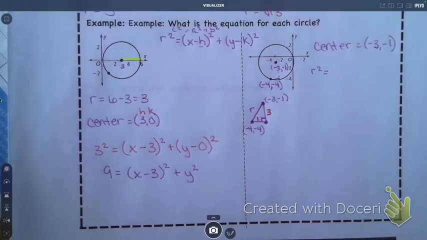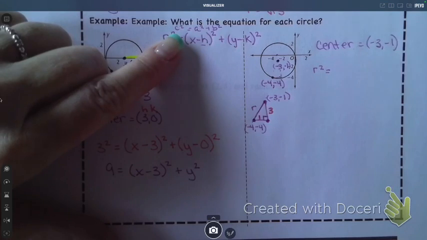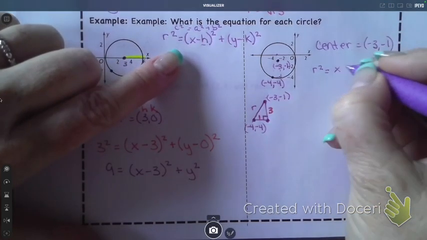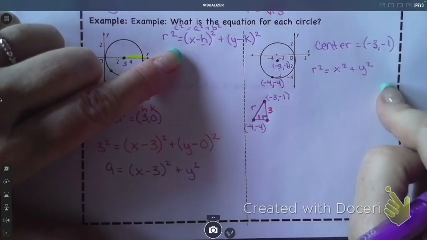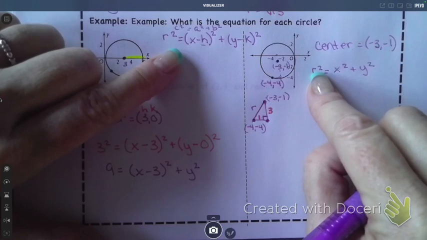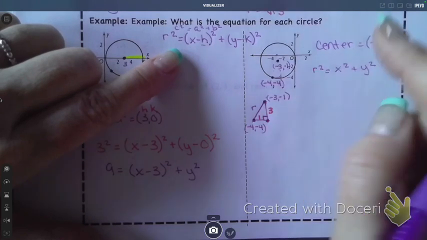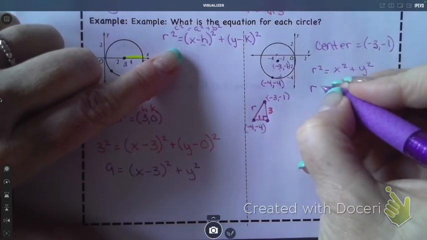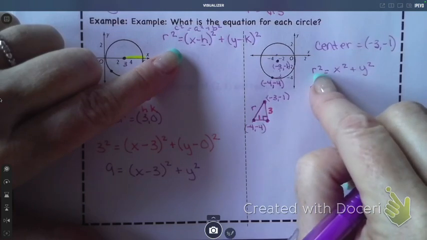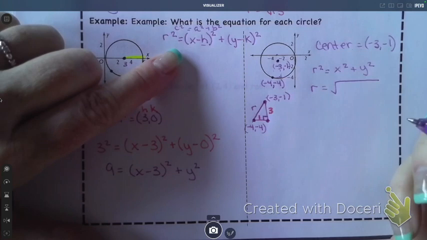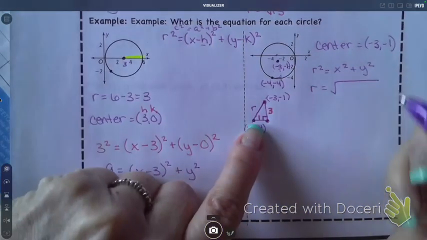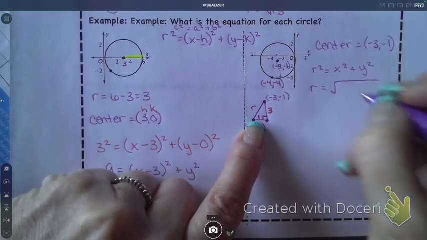Got it? So we're going to use r squared equals x squared plus y squared, or the Pythagorean theorem. If I just want r, I have to take the what? How do you get rid of the square? Square root. Okay, so what were my x's? 1.